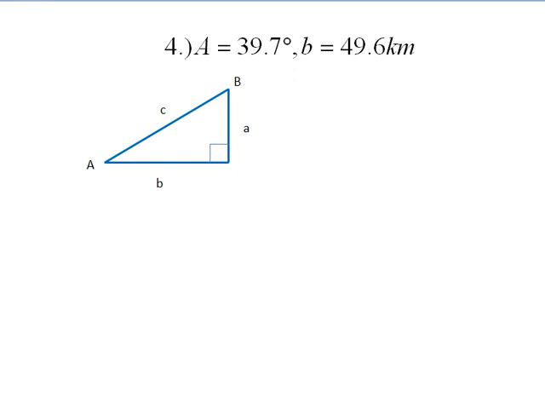Here's our first problem. Now this should be similar to what we were doing before. We have an angle A given. Let's put that down, 39.7 degrees. And we have side B, which is 49.6 kilometers.